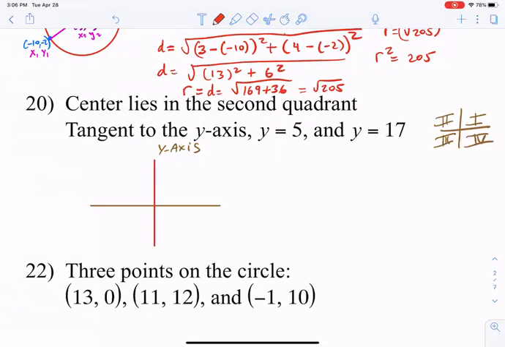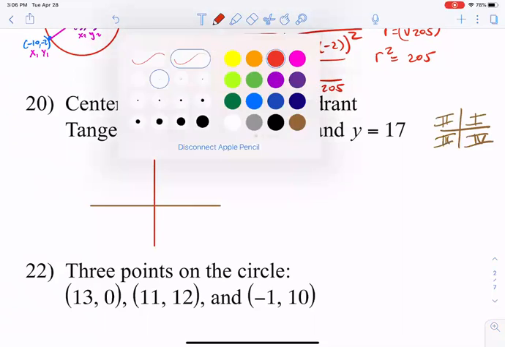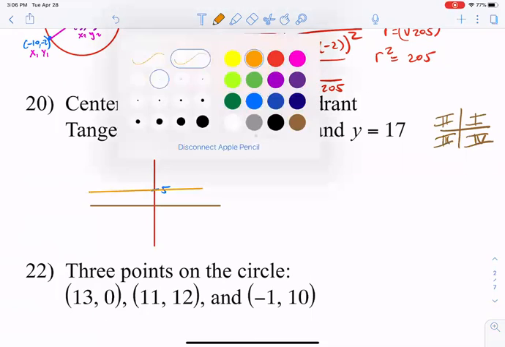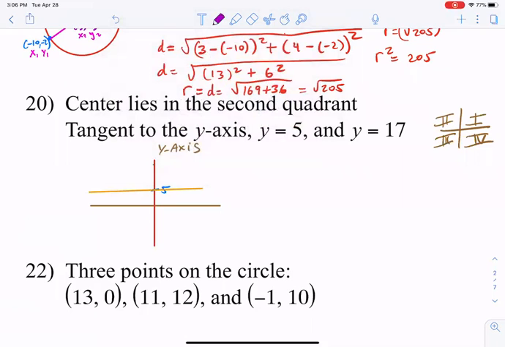And they're saying that it is tangent to y equals 5. So y equals 5, let's assume that it's around here. Let me put that in a different color. Y equals 5 is here. Tangent, right? And they're saying y equals 17. So 17, let's assume that it's around here.